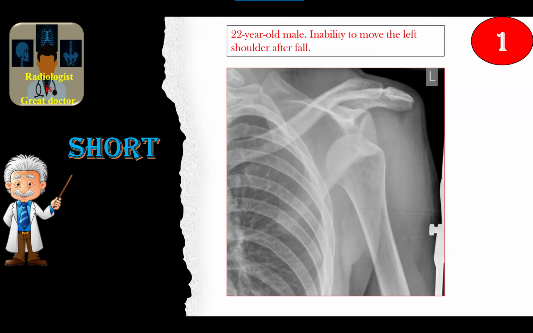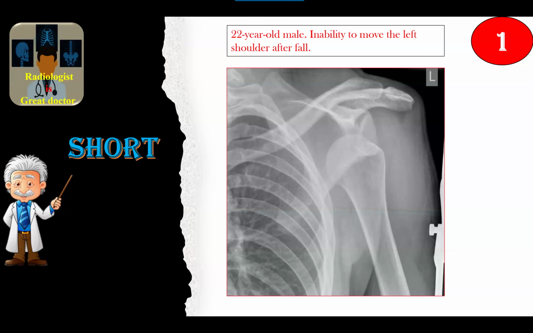You said anteroinferior dislocation. Take care, because we have a subtype of dislocation called inferior. We have anterior, we have posterior, and we have an extremely rare type called inferior dislocation or luxatio erecta.